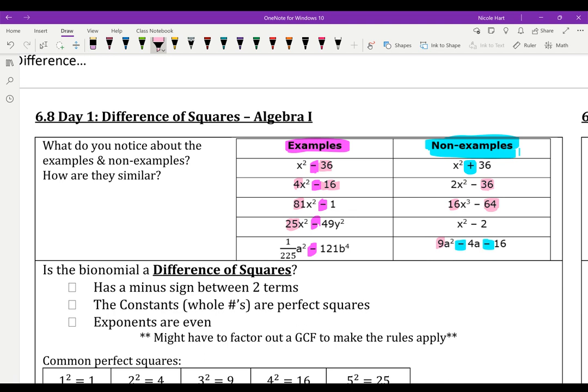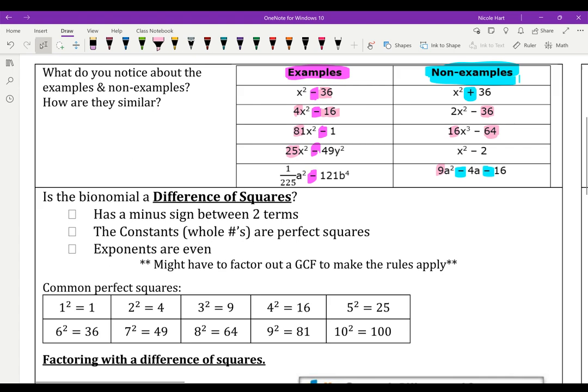So let's get to our difference of squares. This is a little checklist of requirements in order to make a binomial factored into a difference of squares. There are a few things that have to be checked off or confirmed in order for a question to be a difference of squares. One, that it has a minus sign between the two terms. That is very important. Must have a minus sign between the two terms.